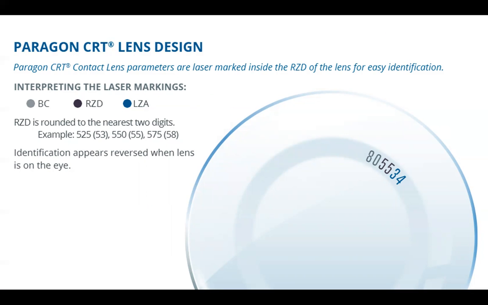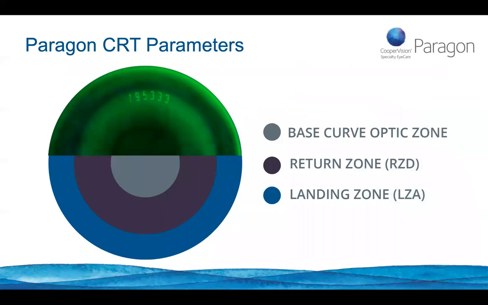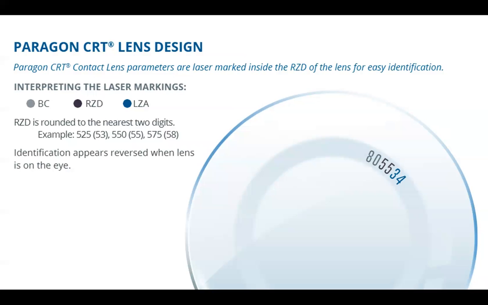For example, in this picture here, we see the middle 2 digits are a 5-3, and that 5-3 actually stands for a 525 micron depth for sagittal depth. The last 2 digits are the landing zone angle. Here you see a 34, and that indicates the LZA.